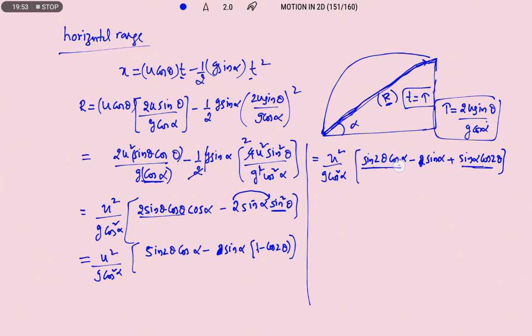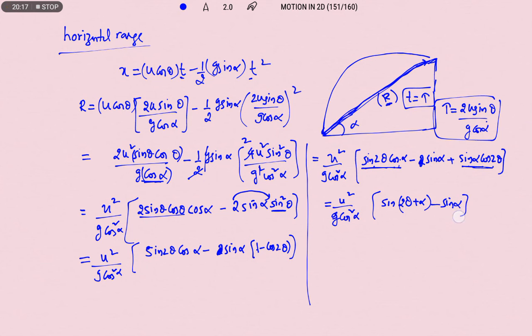sin A cos B, cos A sin B. So this we can write as u square by g cos square alpha, and sin of A plus B we can write: 2 theta plus alpha minus sin alpha.